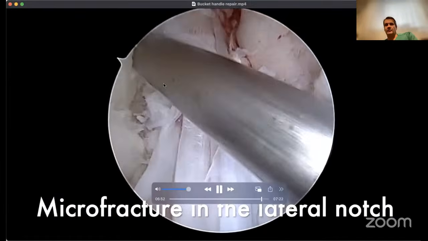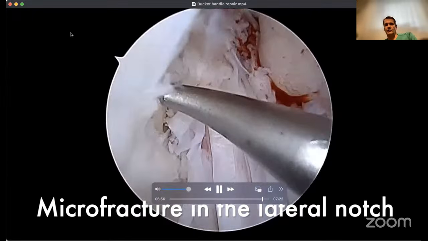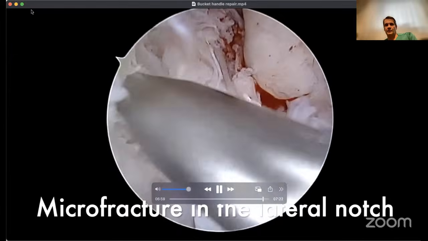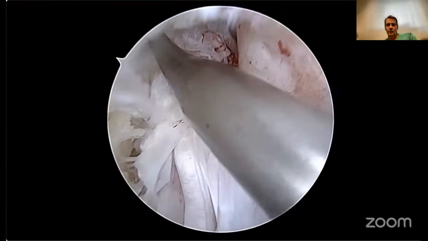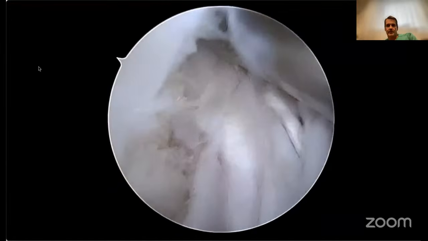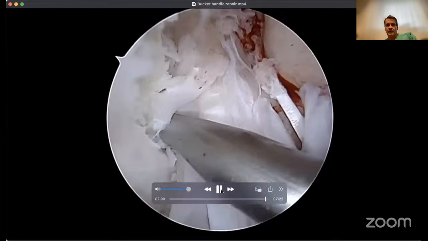And I combined it with microfracturing in the notch, as you can see it here. Okay, that's the meniscus repair technique.